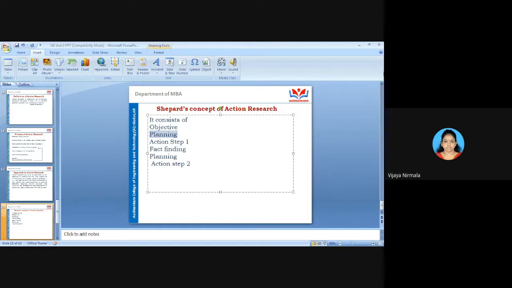So before planning this action step 2, if there are any changes that can be made in the objectives or in fact finding, you can try to change the objective. So this is how the task is mainly to help managers formulate management problems as experiments. So they try to solve the management problems as experiments.